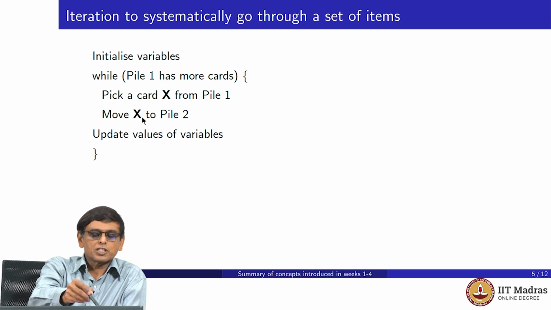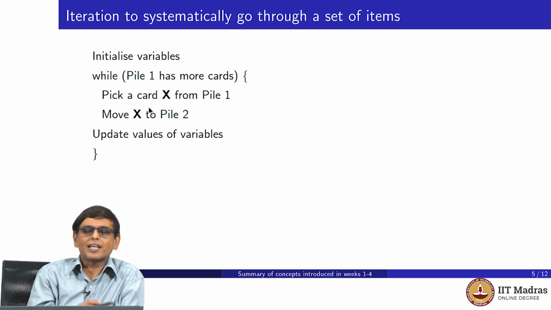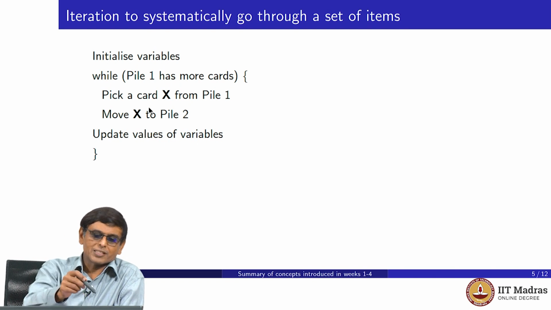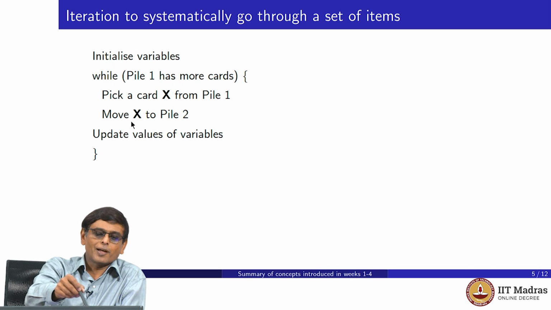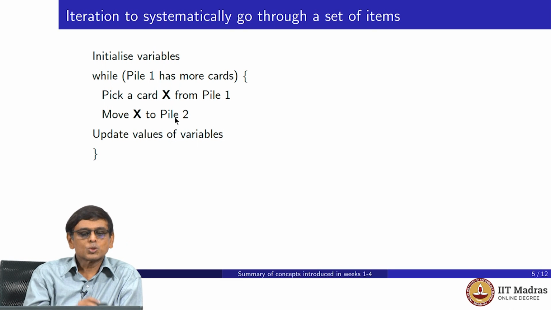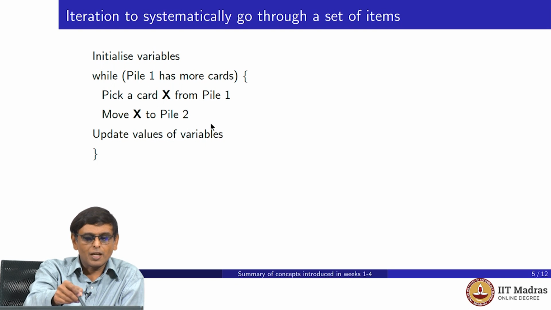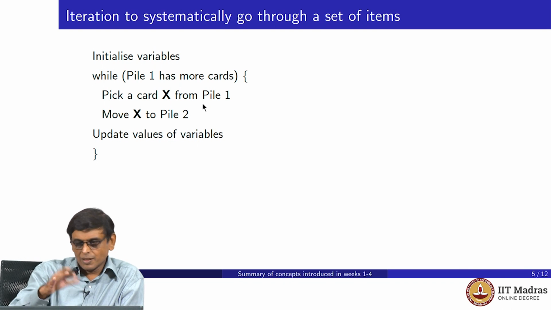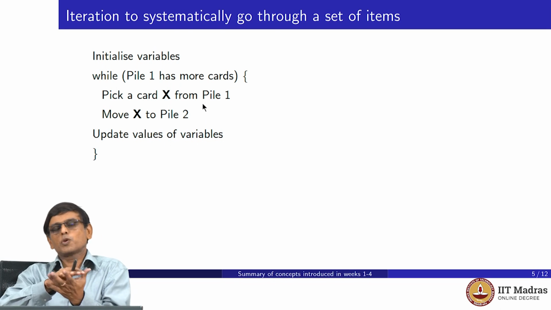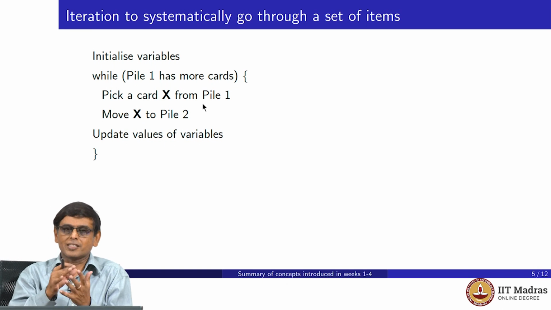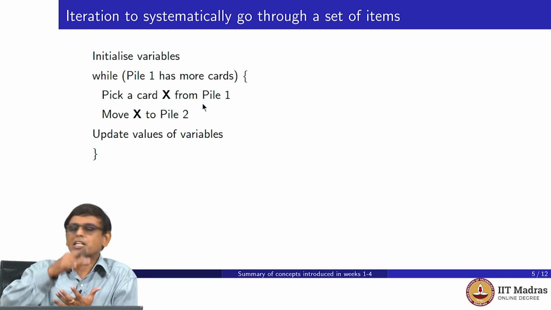And in terms of the update steps, besides updating values of variables, you have to do a couple of other things in order to make sure that you are not seeing the same card more than once. So we picked a card X from the pile and moved it to another pile. So we had variable update steps, and we had update steps which we are making to the pile.